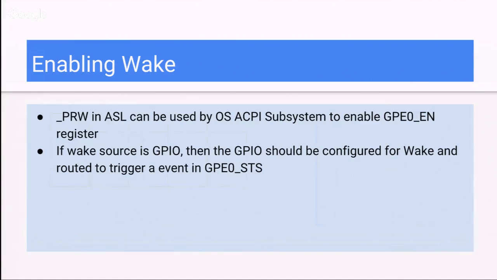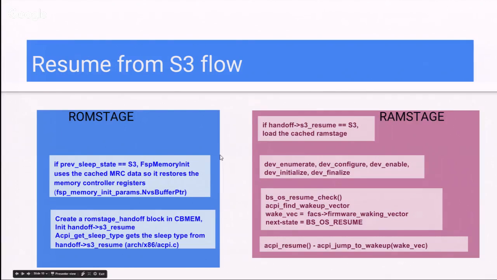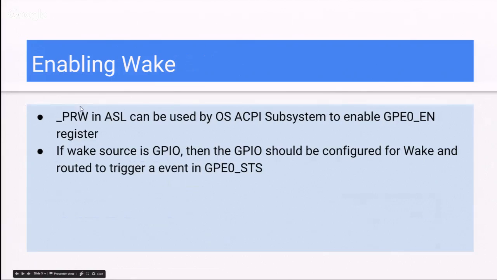So whichever one your system supports, it should have been enabled prior to entering into sleep. Those GPE registers have bits that enable the wake. So what the OS does is it goes through these _PRW methods, and before you enter sleep, it'll go and set all the enables.